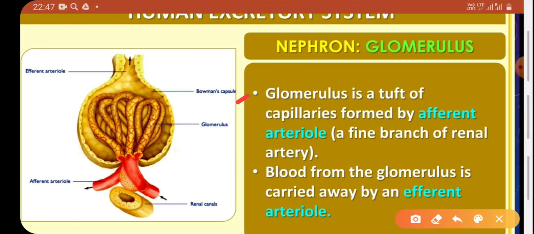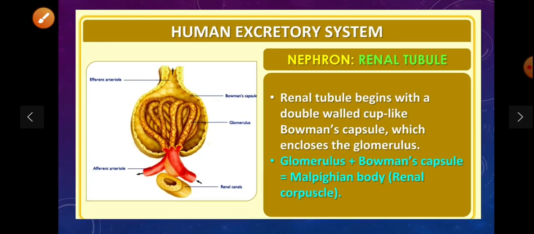This is Bowman's capsule, glomerulus, afferent arteriole, efferent arteriole. Renal tubule begins with a double-walled cup-like Bowman's capsule, which encloses the glomerulus. Glomerulus plus Bowman's capsule is the Malpighian body, that is the renal corpuscle.